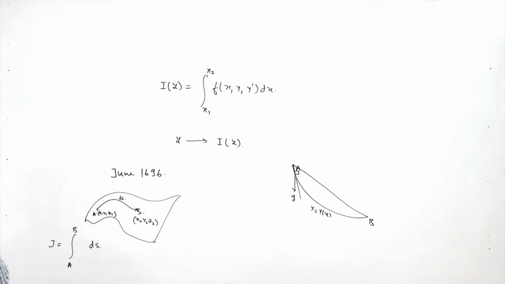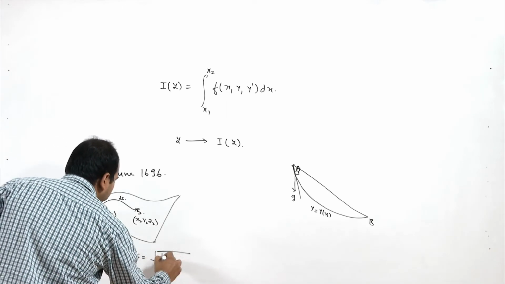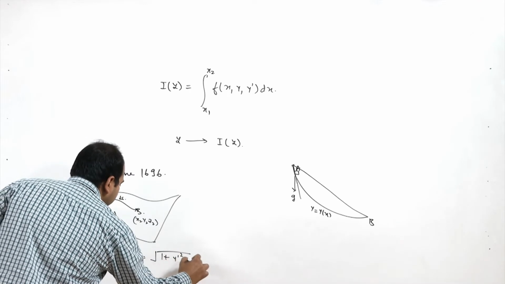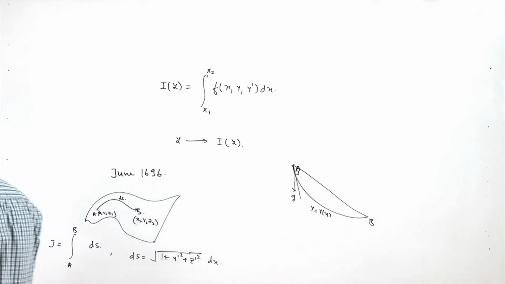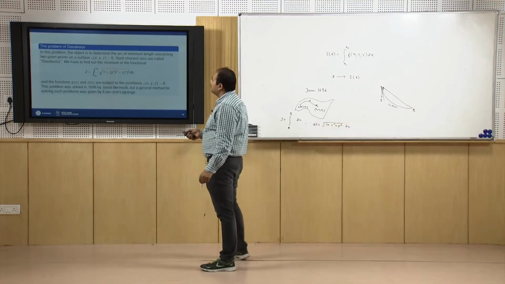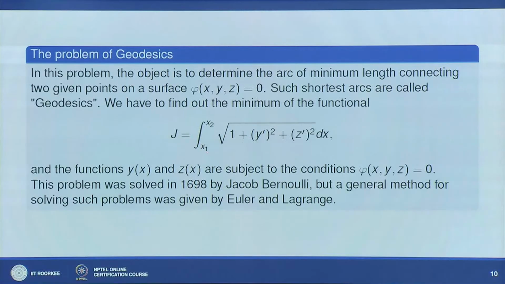Now d s you can find out as under root 1 plus y dash square plus z dash square d x. So here you can say that we have to find the minimum of the functional J, integral from x1 to x2 of under root 1 plus y dash square plus z dash square d x, provided that y of x and z of x are subjected to the condition that they lie on the surface.